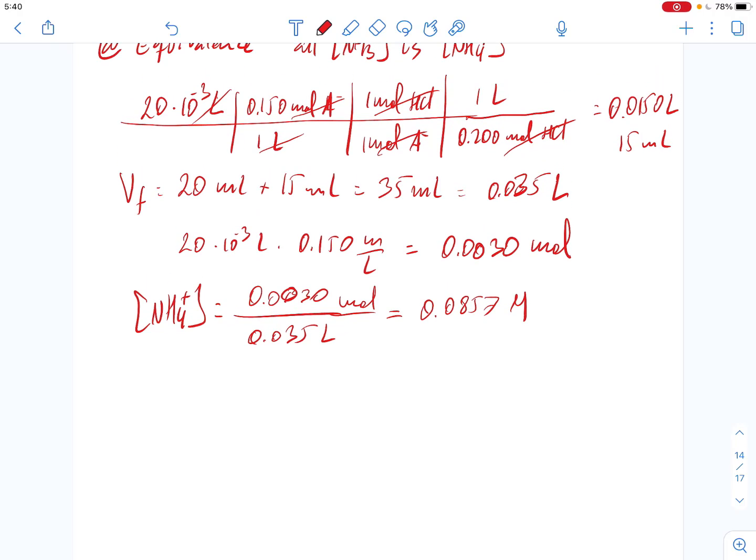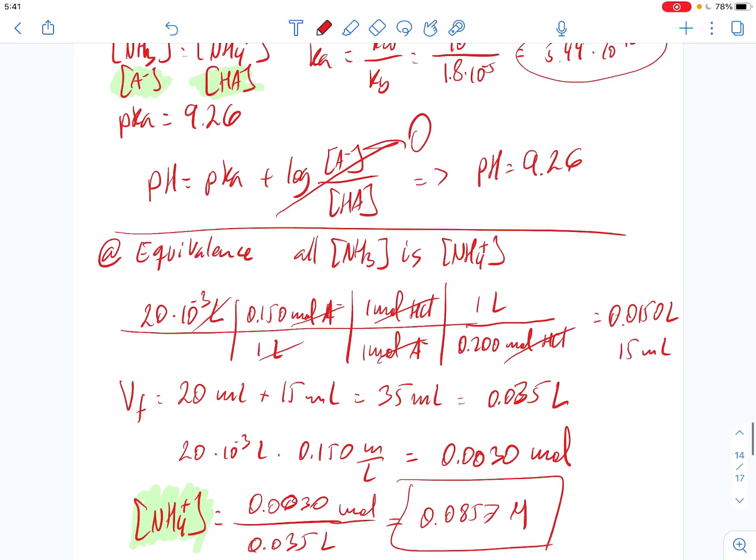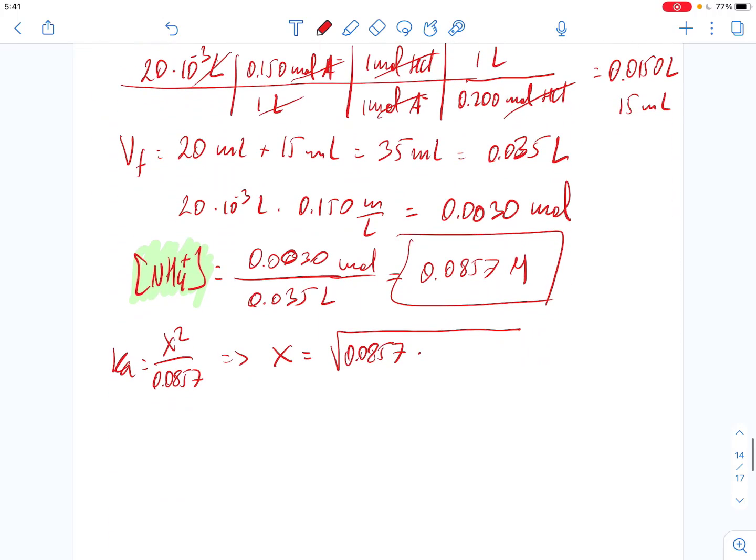So what do we do with this? This is your concentration of NH4+. You are at the equivalence point. The pH is controlled by NH4+. We have Ka. Ka is going to be x squared divided by 0.0857, which means x is equal to the square root of 0.0857 times Ka, and Ka is 5.49 × 10^-10.